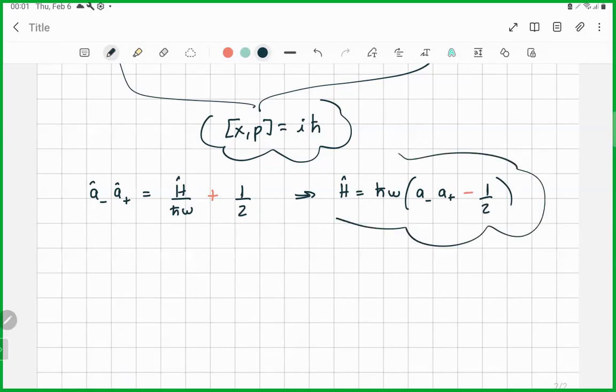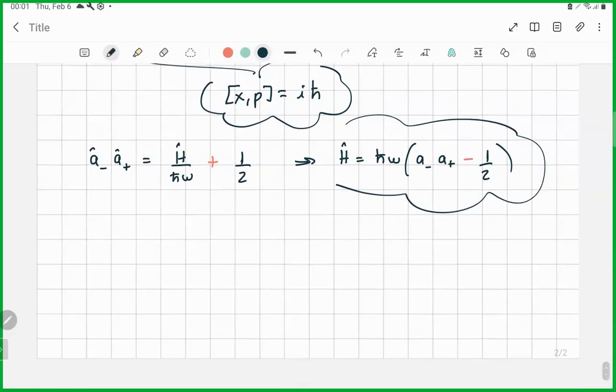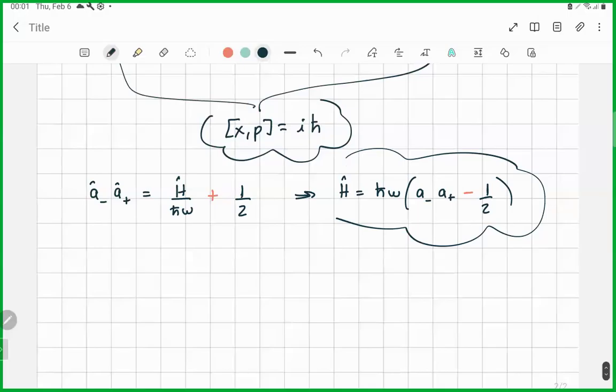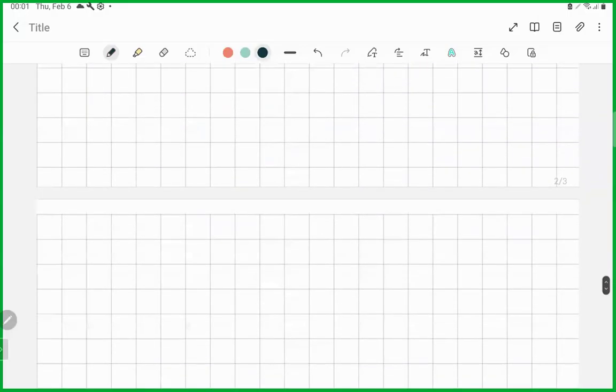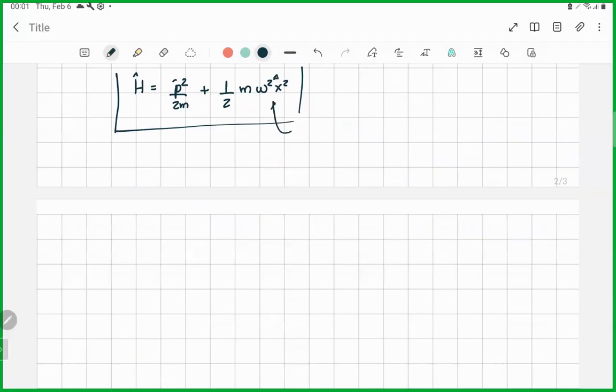Well, let's put everything together, the different ways that we found to write our Hamiltonian. We started with this way. We said, well, we can write the Hamiltonian as p squared over 2m plus half m omega squared x squared. Okay, so this is one way using the potential for the harmonic oscillator. Very good.